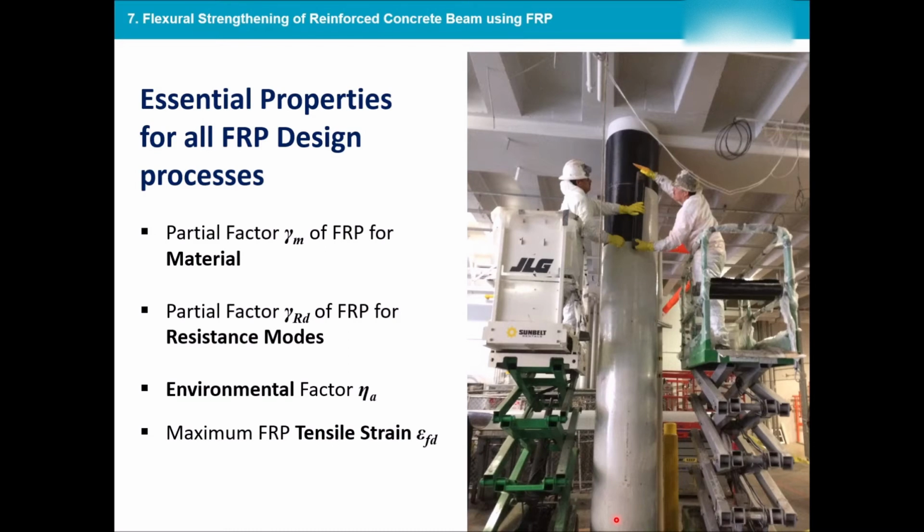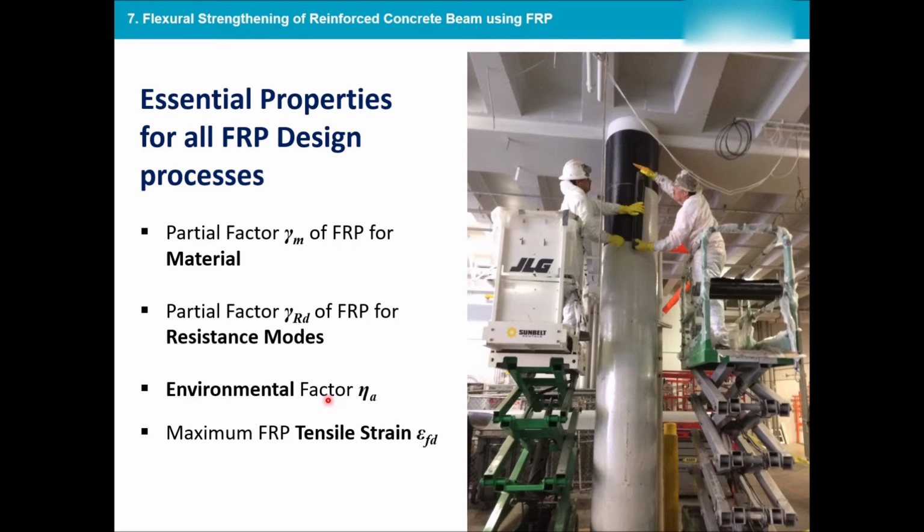Before we carry on, similar to the bonding factor and the strength of FRP, we have to get familiar with 4 important factors, which we will continuously see in our formulations. One of them is the partial factor of FRP for material. One of them is the partial factor gamma RD of FRP for resistance modes, which we will discuss what it means.